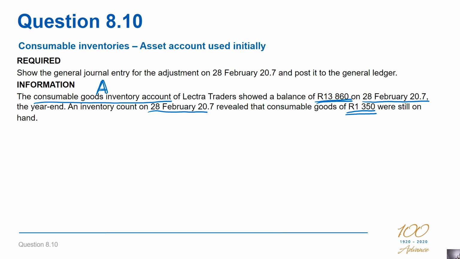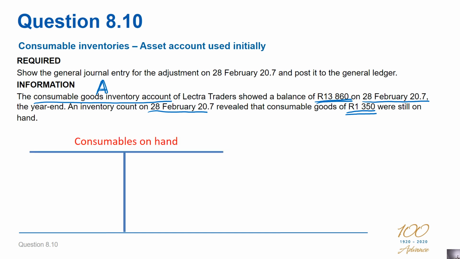So this manager decided to account for the consumables when they bought it in the asset account instead of the expense account. So we have a balance brought down of 13,860 because it's an asset. Now they tell me this 13,860 is not true because my asset is only worth 1,350 at the end of the year according to the stock take.